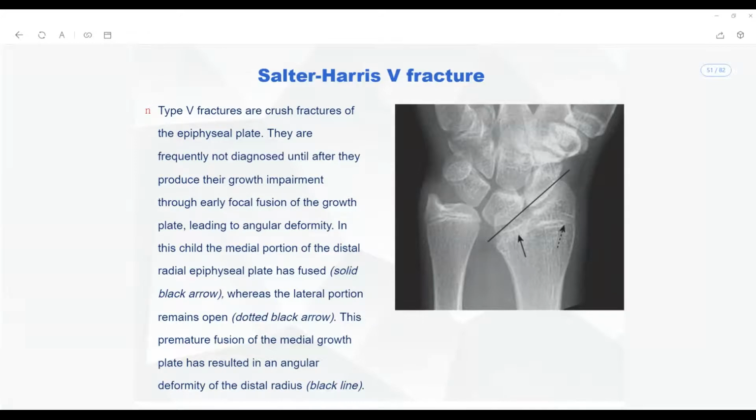What is the nerve that is not included in the carpal tunnel? No, it is involved. The median nerve is involved in the carpal tunnel. I asked what is the nerve that is not involved. The ulnar nerve is not involved, right?